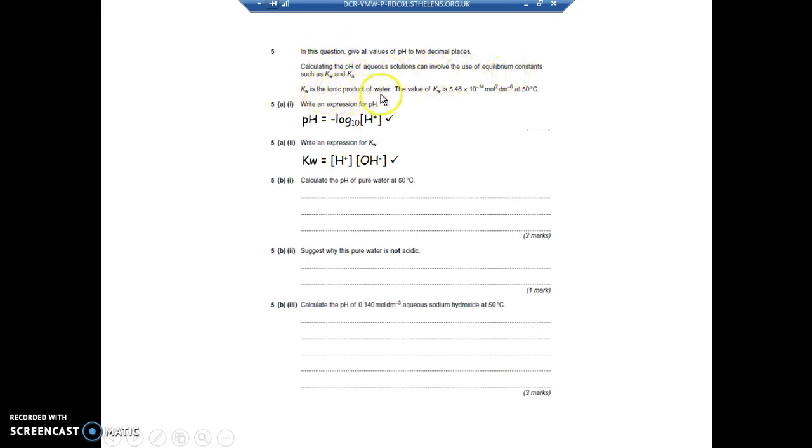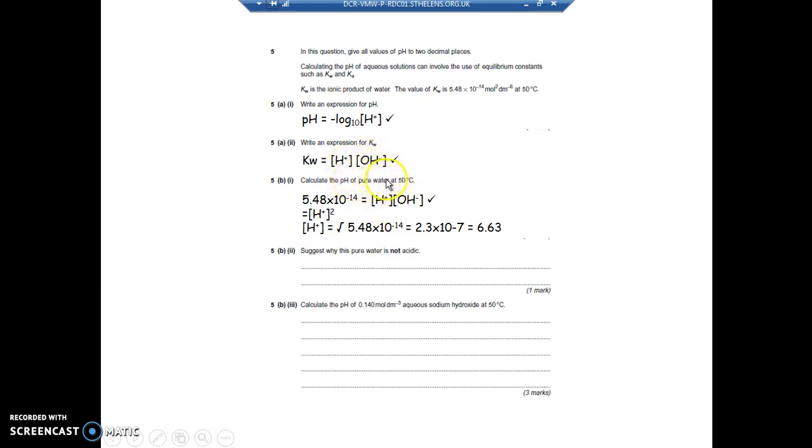Okay. Kw is the ionic product of water, and it's given you this value. So this value, 5.48 times 10 to the minus 14, is H plus multiplied by OH minus concentration. Now when water dissociates, the concentration of H plus and the concentration of OH minus ions are exactly the same in pure water.